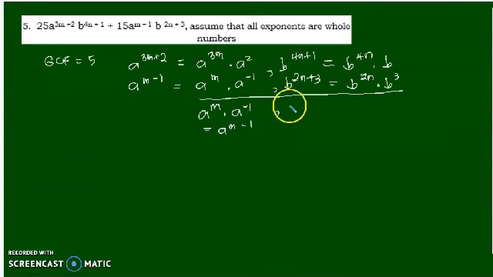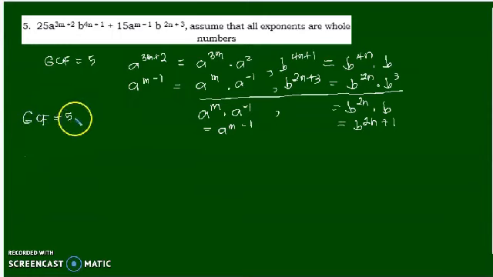And then for b, b raised to the power of 2n times b, or simply b raised to 2n plus 1. So the GCF is 5 times the quantity of a raised to the power of m minus 1 times b raised to the power of 2n plus 1.